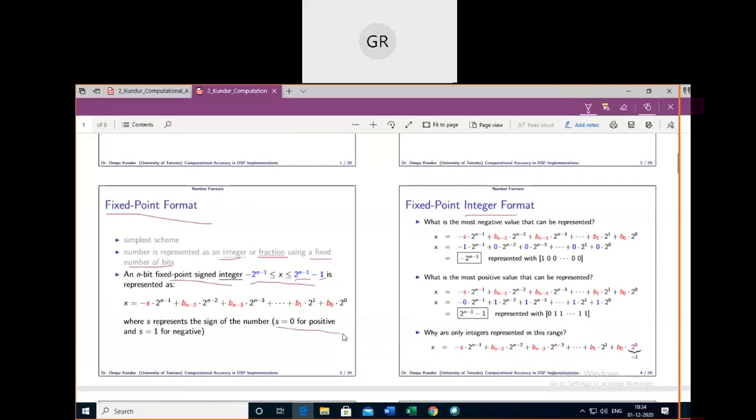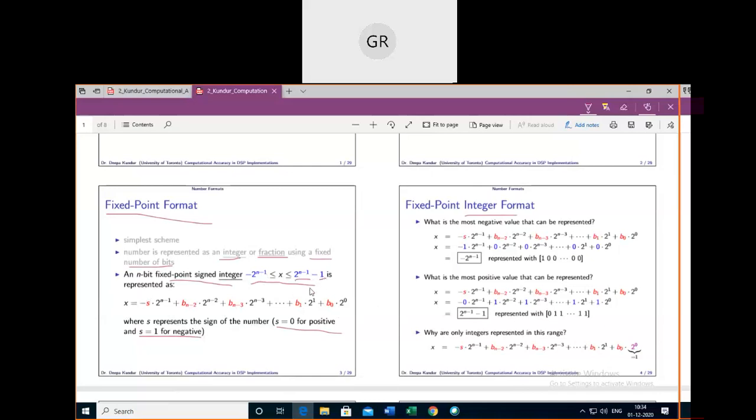If s is equal to 0, it's a positive number, and if s is equal to 1, it's a negative number. This is the fixed point signed integer number format. Its range is x greater than or equal to minus 2 raised to n minus 1, and less than or equal to 2 raised to n minus 1, minus 1.